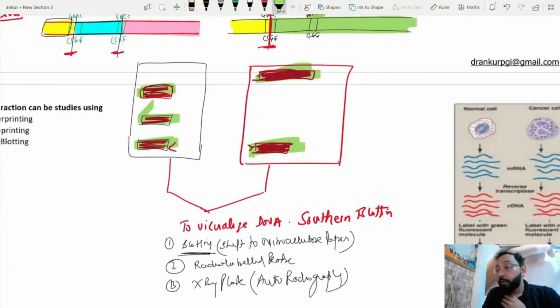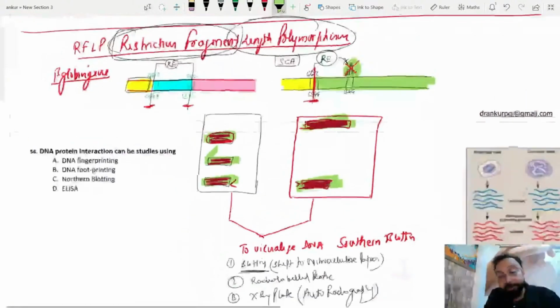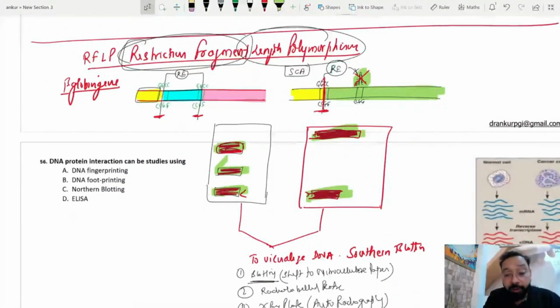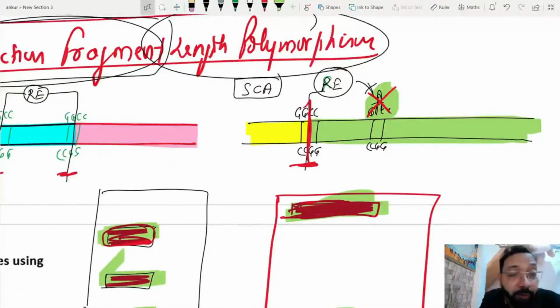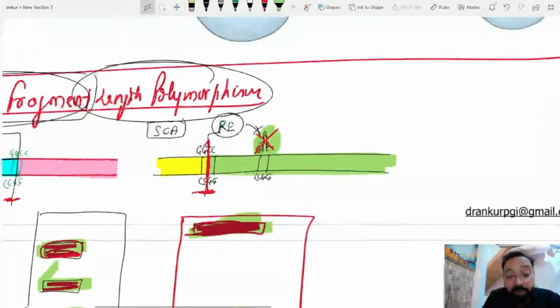Now to visualize DNA, we do southern blotting. So RFLP is not complete in itself; after RFLP, we do southern blotting to visualize DNA. Now, a valid question: RFLP can detect point mutations only if they affect the palindrome region. This is the limitation.